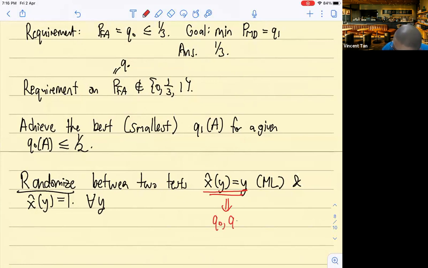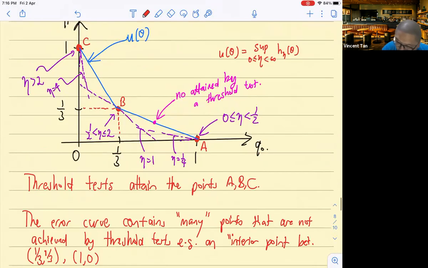Let's say Q0, Q1 equals 1/3, 1/3. Now this one uses the operating point Q0, Q1 given by 1, 0. So now what we want is to randomize between this point and this point because our boss tells us that the requirement is that the probability of false alarm is less than or equal to half.